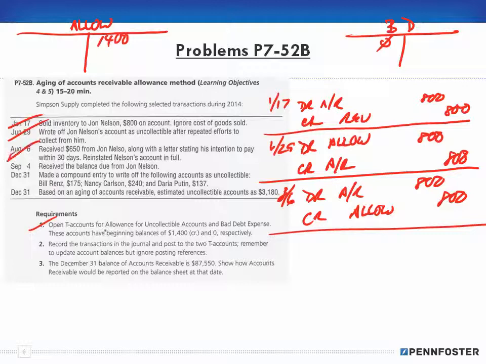Now, on September 4th, received the balance due from John Nelson. So we're receiving cash, so we're debiting cash for $800, and it goes against the accounts receivable because he's paying off his accounts receivable.